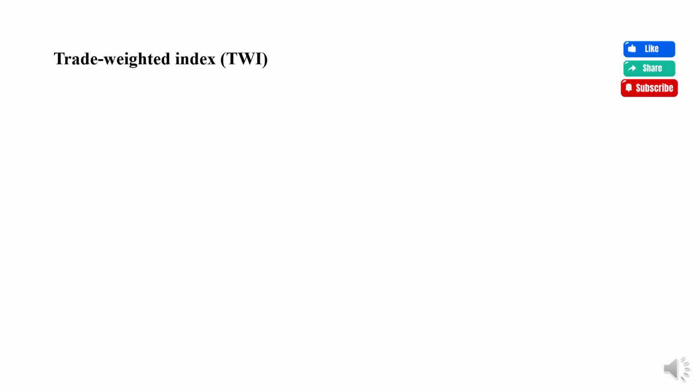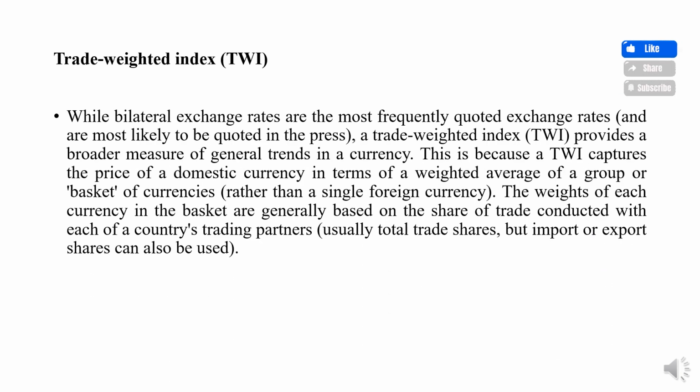This is because a trade weighted index captures the price of a domestic currency in terms of the weighted average of a group or basket of currencies rather than a single foreign currency. The weights of each currency in the basket are generally based on the share of trade with each of the country's trading partners, usually total trade share, but import or export share can also be used.